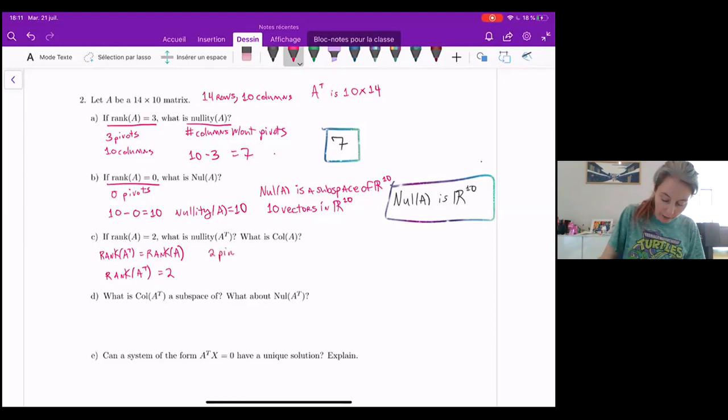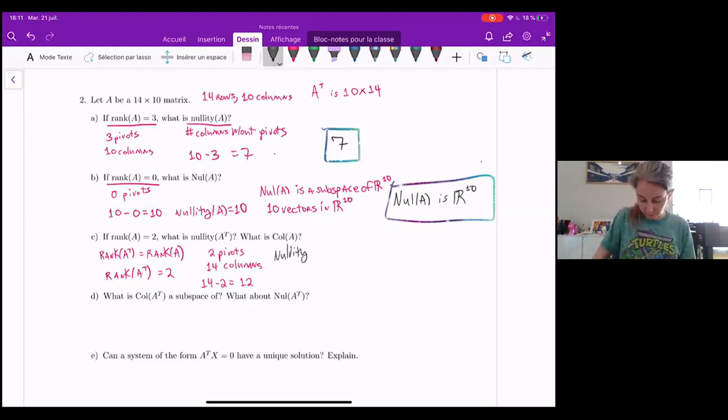So we have 2 pivots, we have 14 columns, because A transpose is 10 by 14. So 14 minus 2 is equal to 12. So then the nullity of A transpose will equal 12. That means there will be 12 columns without pivots. So the nullity of A transpose is equal to 12.